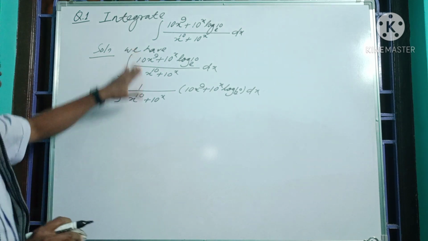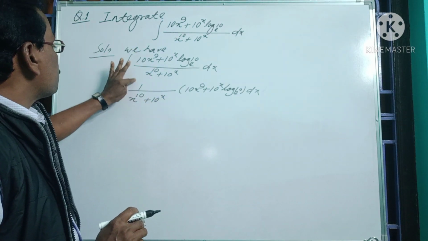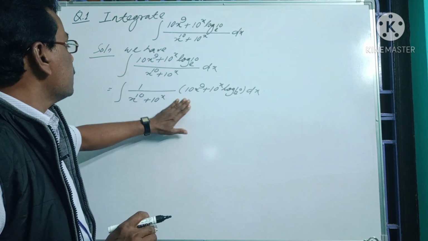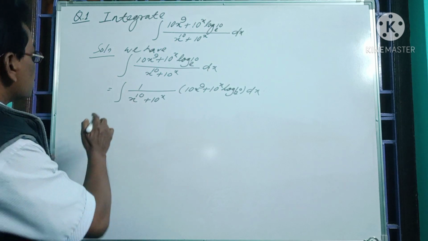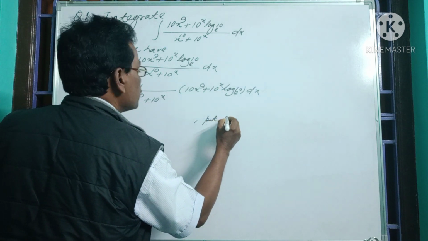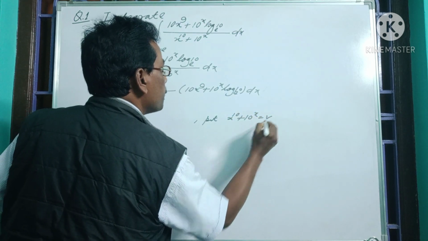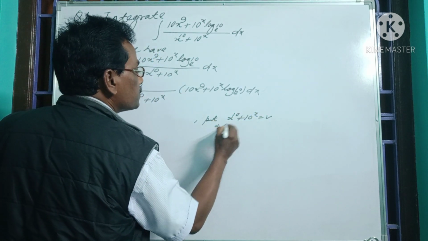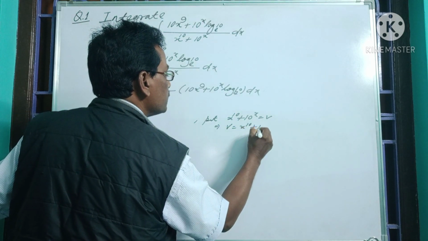Now let us substitute x to the power 10 plus 10 to the power x as v, so that after differentiation we will find the function like this. So v is equal to x to the power 10 plus 10 to the power x.